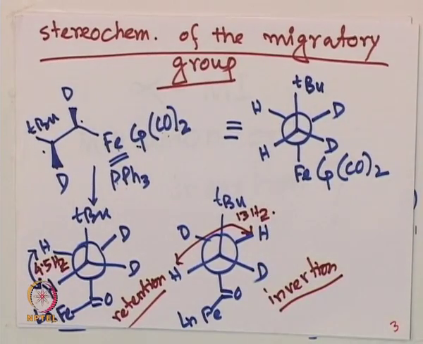Now, it is very simple at this point. So, 2 product formations are likely. One would lead you to the retention of configuration, the second one will give you the inversion of configuration.